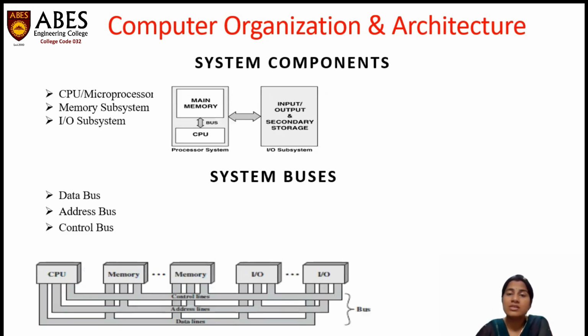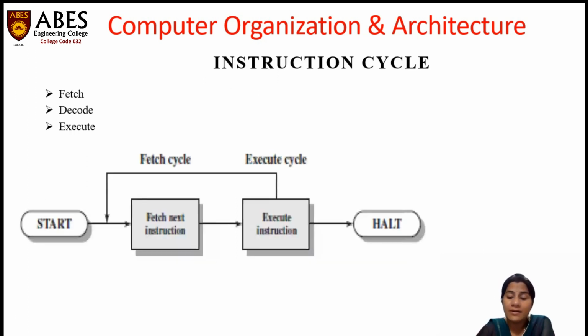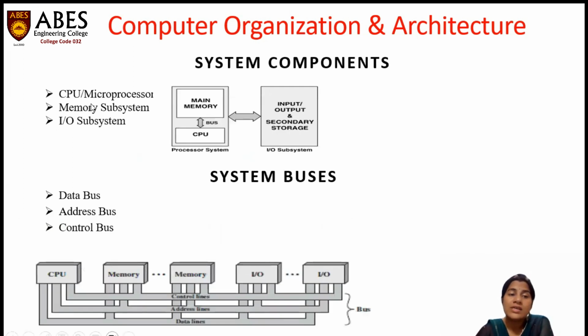Computer systems have these components. The system components are the CPU microprocessor, memory subsystem, and input-output subsystem. Here we can see the processor system and here is the input-output subsystem.